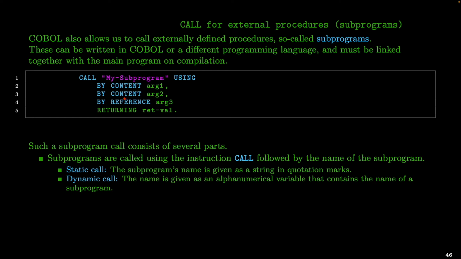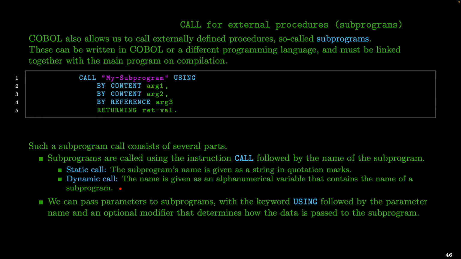And here you give an alphanumerical variable to the call that contains the name of the subprogram as a string. So that's why it's called dynamic. You can actually change the name of the program at runtime, and then depending on what your program did before, maybe call a different subprogram.